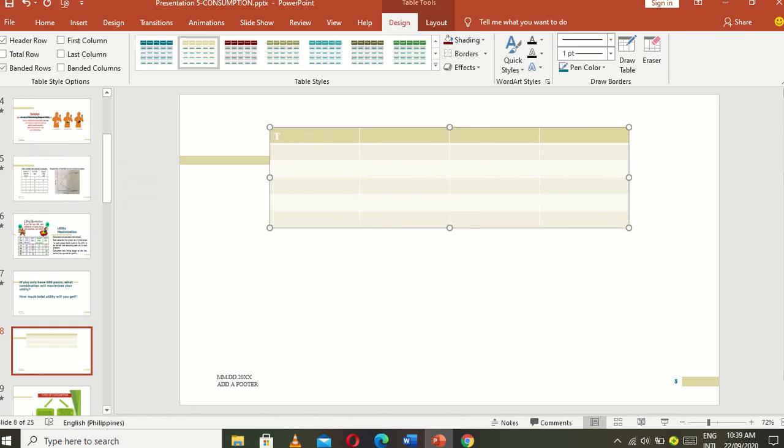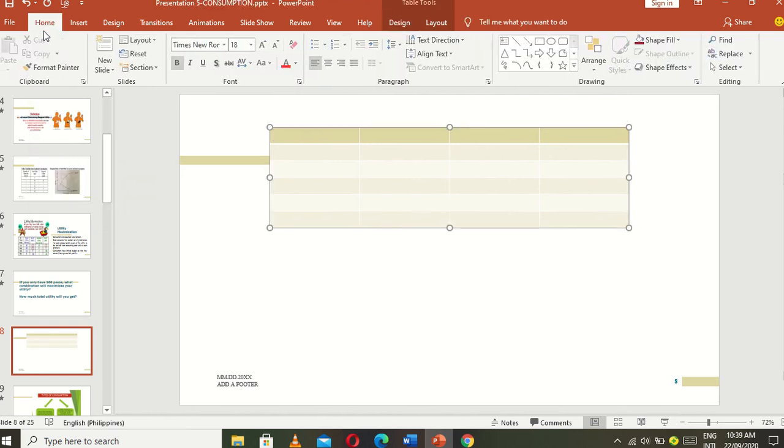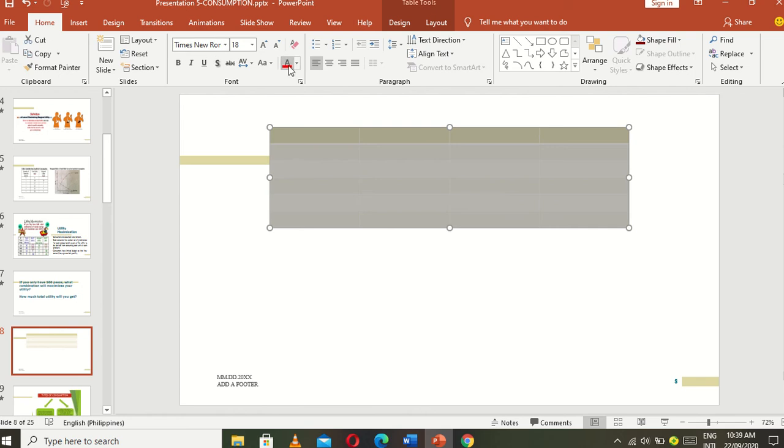Okay, let's assume here we have a problem. We have products such as burger, with total utility and marginal utility.